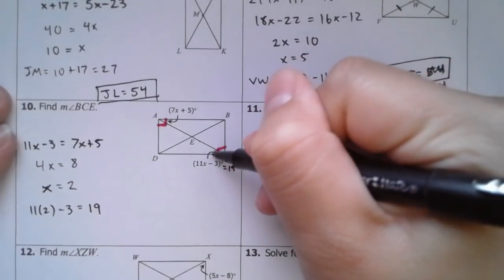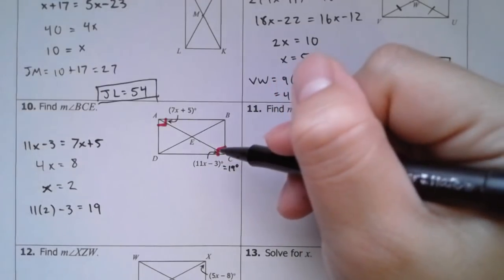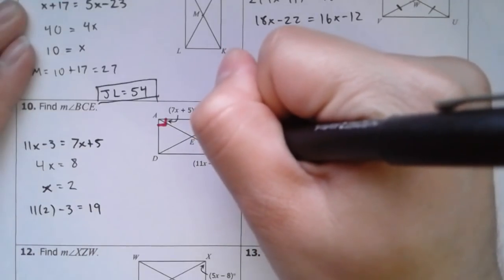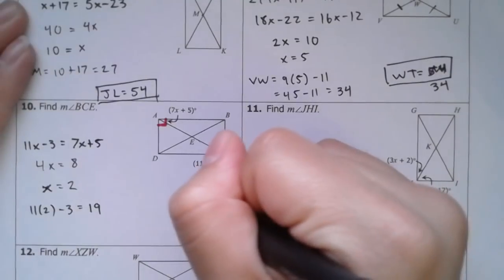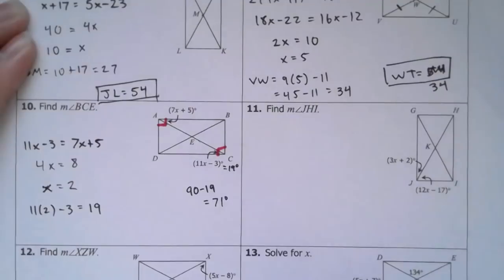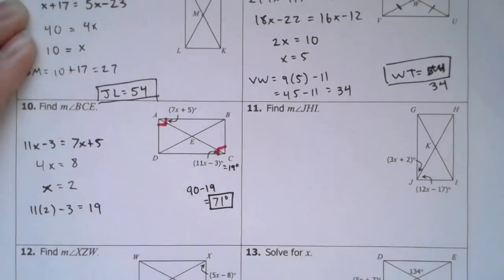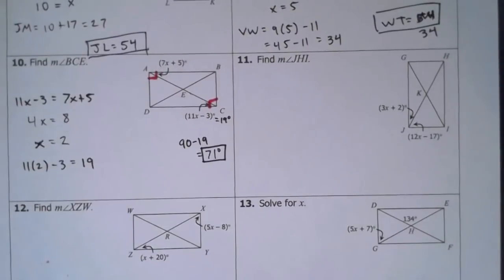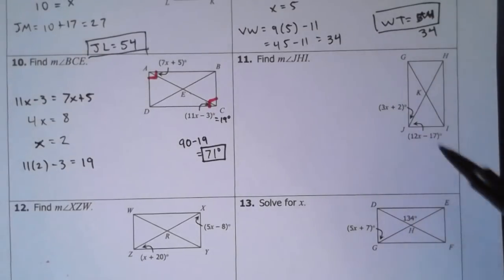This entire angle here that I've denoted here with the red box needs to be 90. So 90 minus 19 gives me this angle here. So 90 minus 19, that is equal to 71 degrees, and that's the measure of BCE. And I'm done.